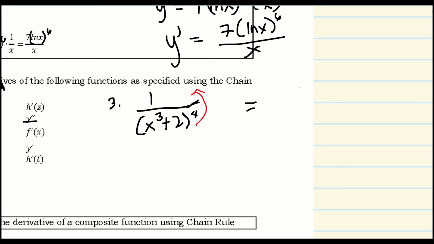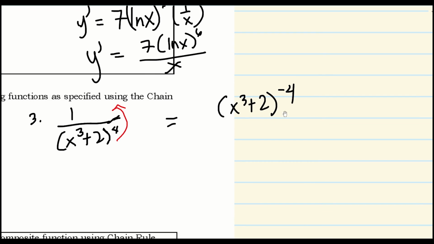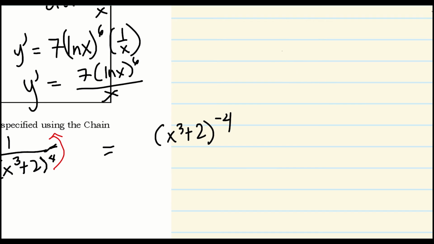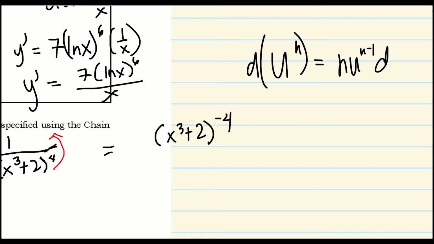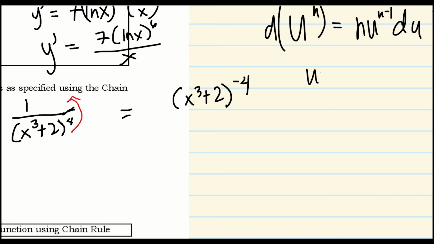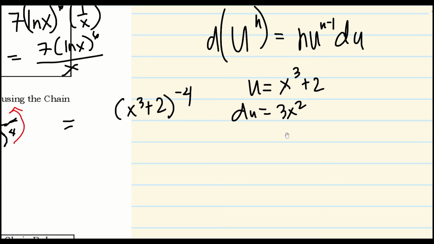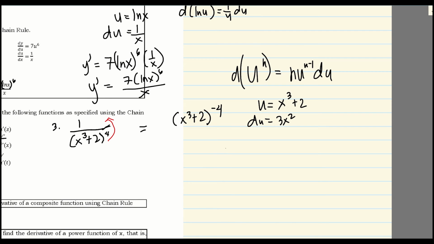So what will happen is (x cubed plus 2) to the negative 4, and then we will use u^n, which derivative is n u^(n minus 1) du, where u is equal to x cubed plus 2, and our du is equal to 3x squared. Okay, so we have it there already. So our answer, it's so easy, right?